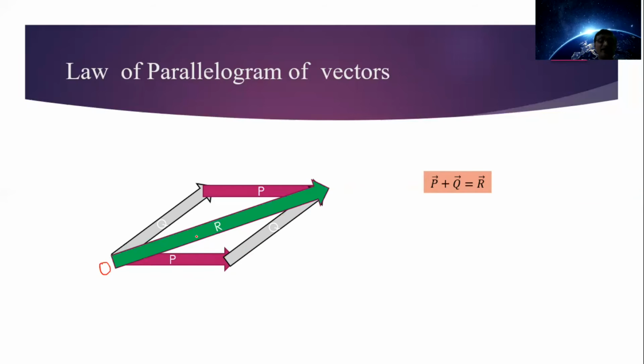That's why, if two vectors of the same type are originating from the same point, P vector and Q vector, and are represented in magnitude and direction by two adjacent sides of the parallelogram, then their resultant is represented in magnitude and direction by the diagonal of the parallelogram drawn from their common point.